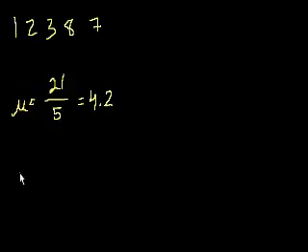Now we want to figure out the variance. And we're assuming that this is the entire population. So the variance of this population is going to be equal to the sum of the squared differences of each of these numbers from 4.2.